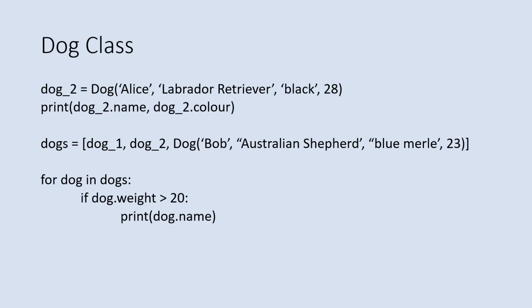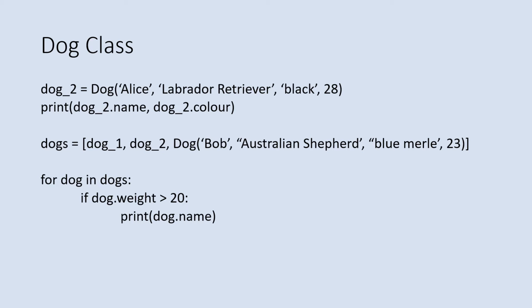It would look at dog number 1 and look at its weight and see that its weight is only 14.5. Dog number 2, its weight is 28, so it would print Owlus at this point because that is that dog's name.